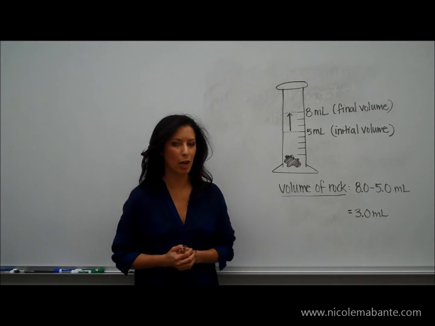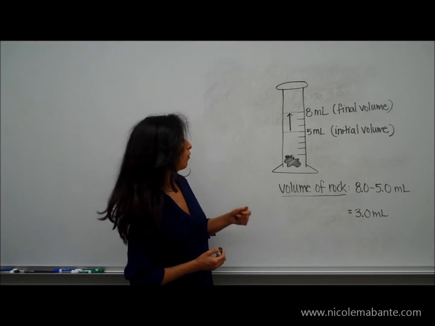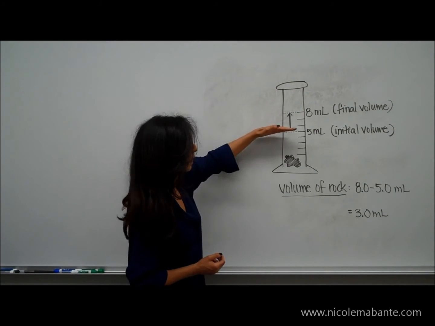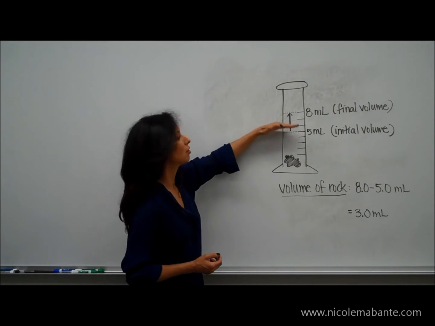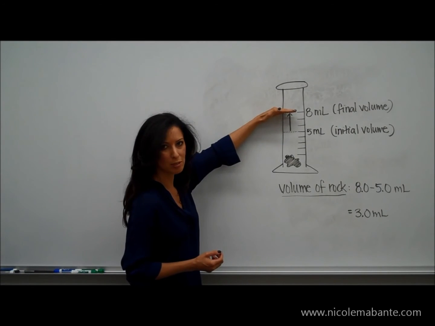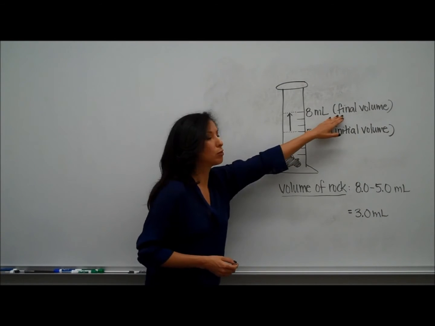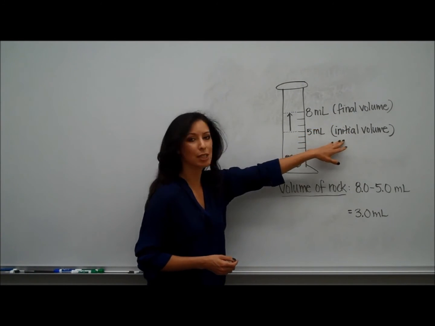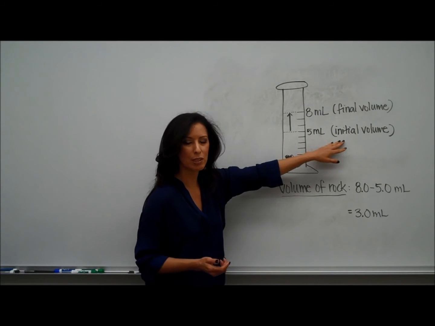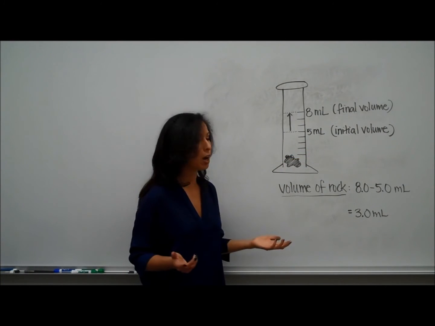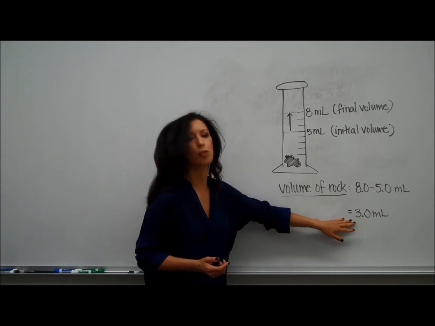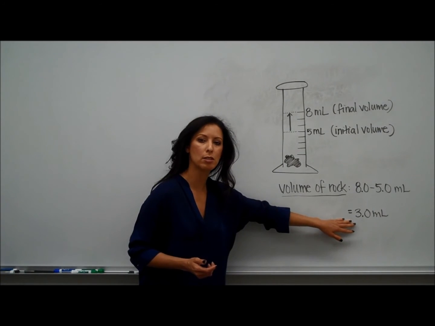If I dropped a rock in a graduated cylinder and the volume rose from 5.0 milliliters to 8.0 milliliters, the volume of the rock is equal to the final volume minus the initial volume of water in the cylinder. So the rock has a volume of 3.0 milliliters.